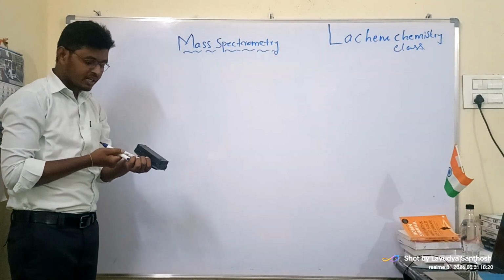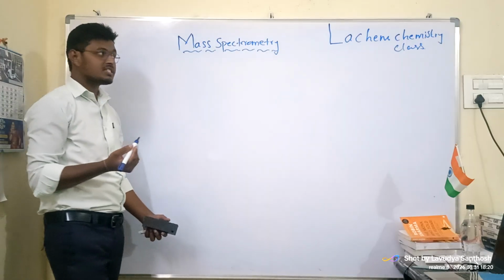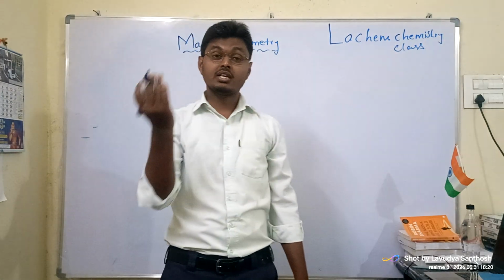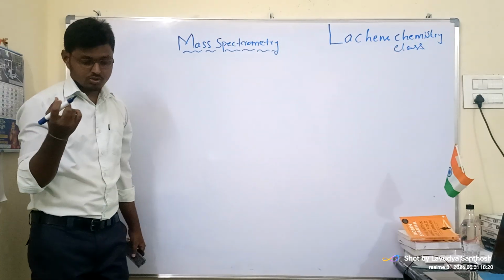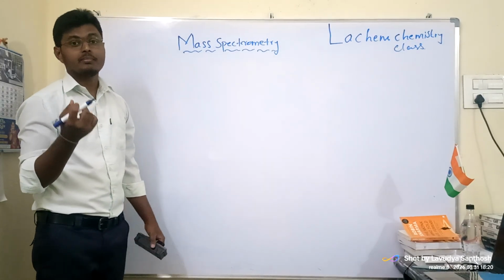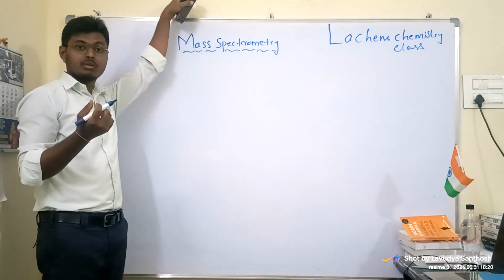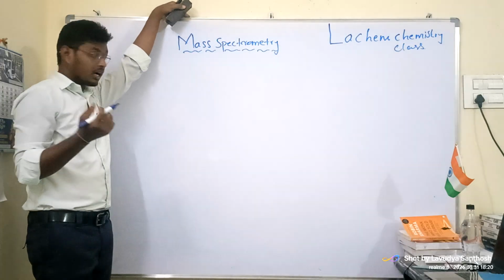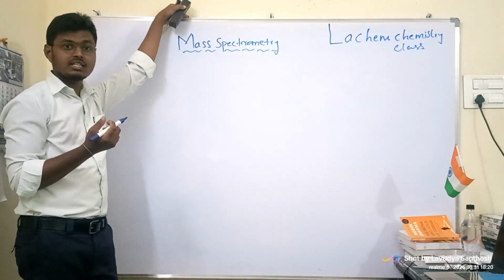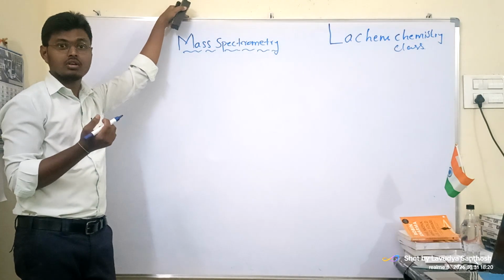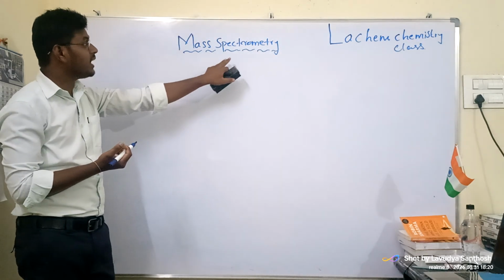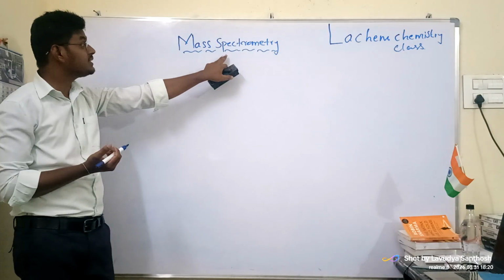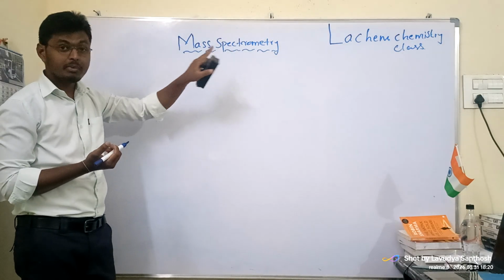Now you see, as we have studied in our degree and in our PG, there are so many types of spectroscopies, like UV spectroscopy and NMR, HNMR, carbon dating. There are so many techniques to study a molecule, to study an atom. But here, this is not a spectroscopy, this is spectrometry.